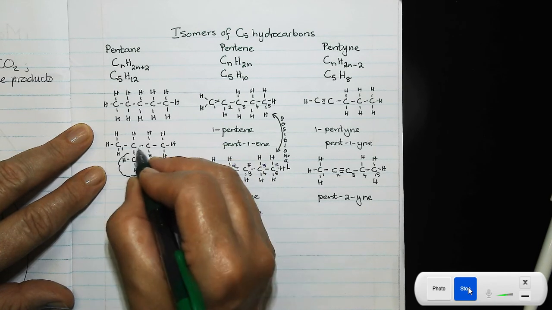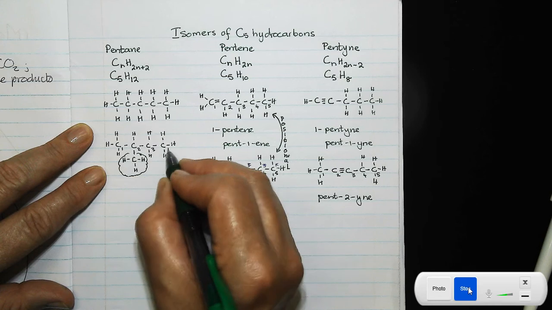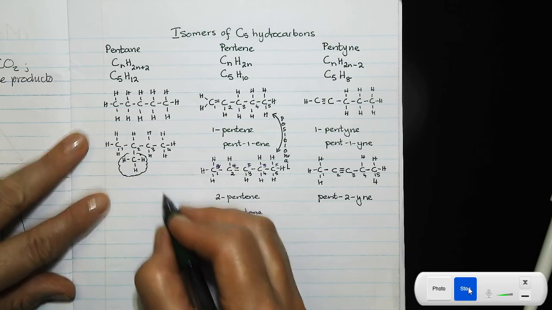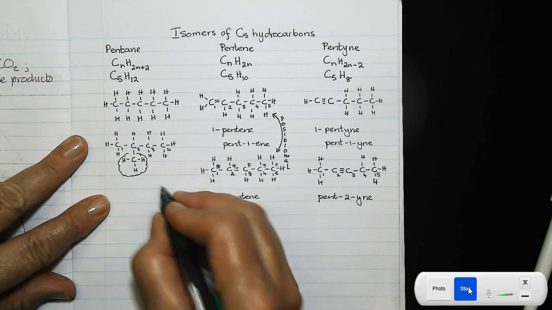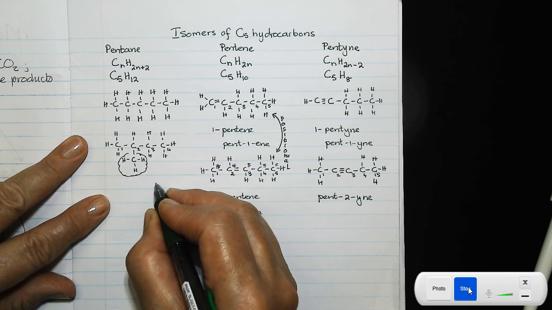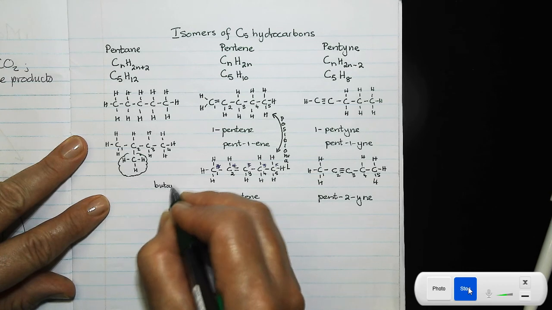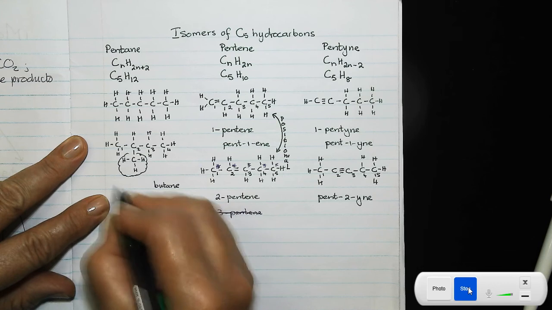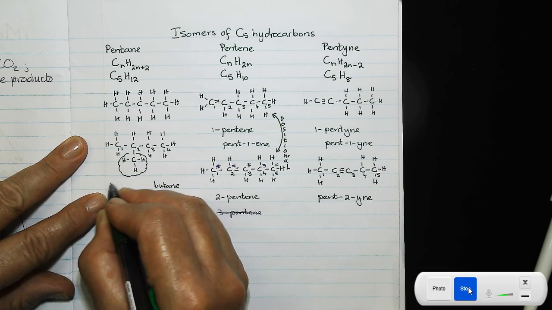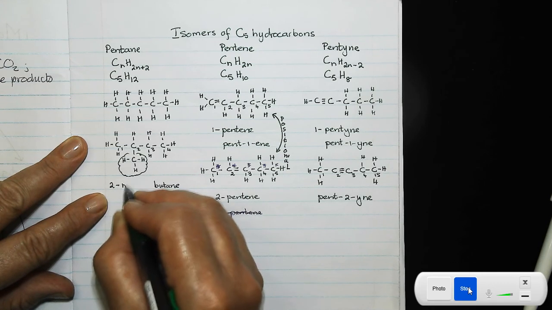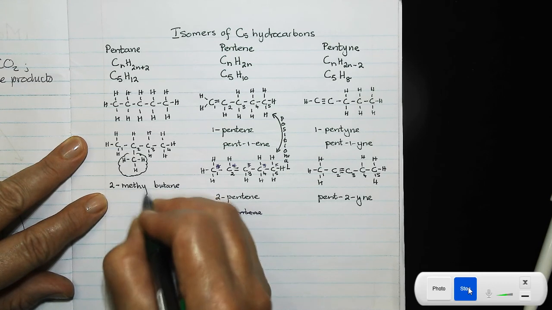So 1, 2, 3, 4 carbons in the longest chain gives that molecule the basic name of butane. And with the methyl on the second carbon, it would be 2-methylbutane.